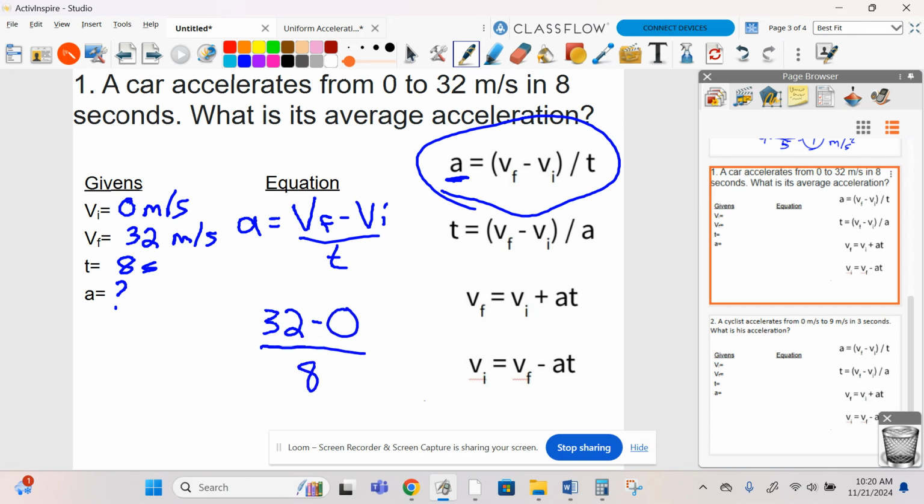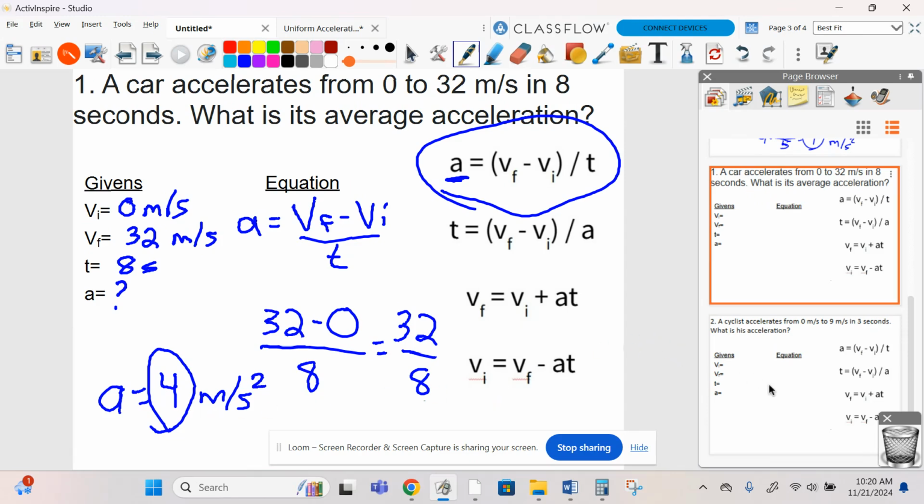The time ends up equaling 8. Please make sure that you do this subtraction first. Nice thing is, anything minus 0 is just itself. And what I end up with is the acceleration is 4 meters per second squared. Again, I only want to enter the numerical value in the Google form.